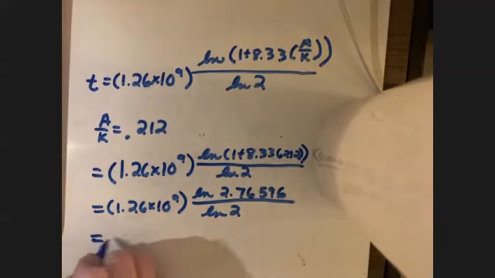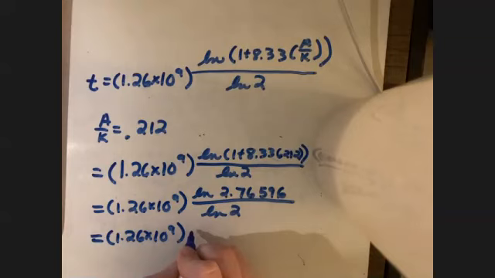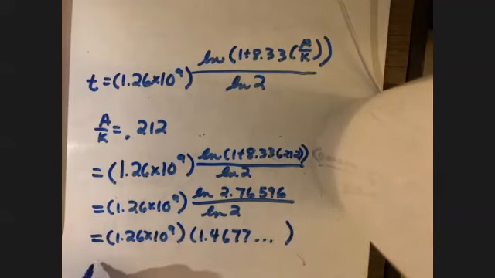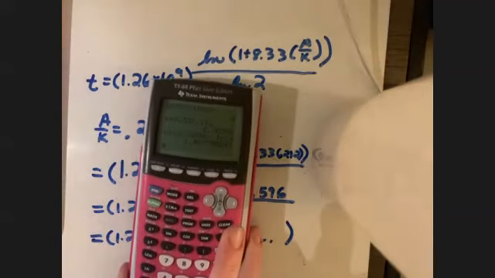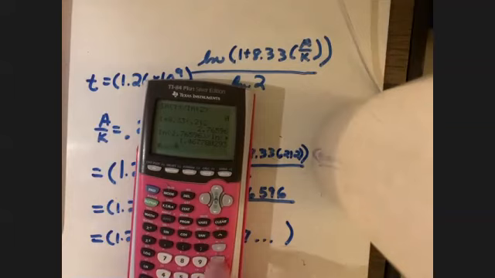So now I have 1.26 times 10 to the 9th, and then this is 1.4677, and there's a bunch of stuff after this. Now, a helpful hint on our calculator: I can do this times 1.26, and you have this little EE button right there with what is going to be the comma.